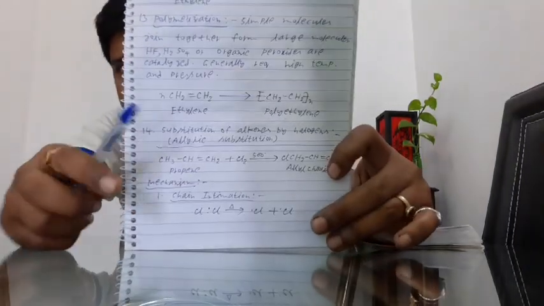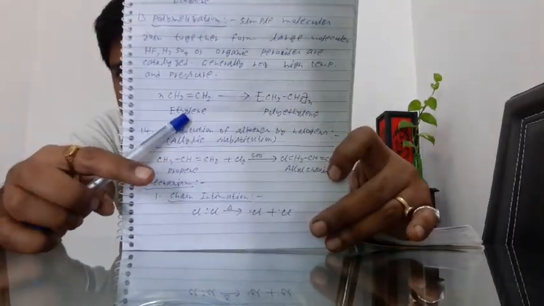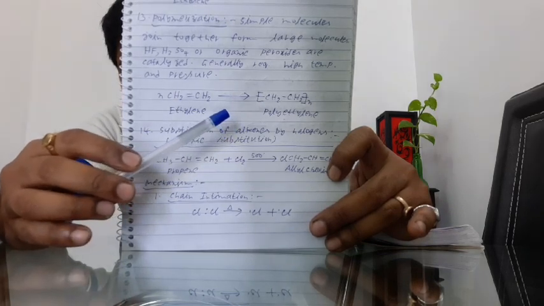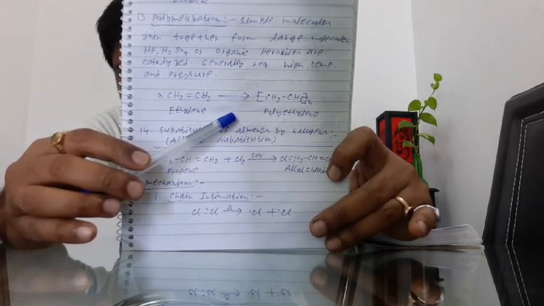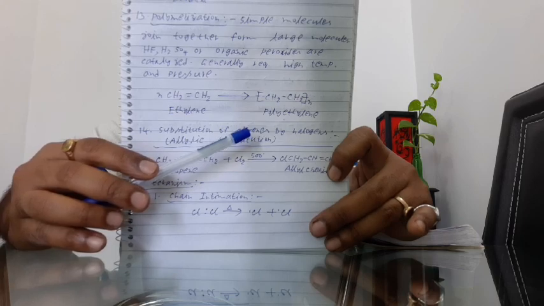And to continue this process, either sulfuric acid or hydrofluoric acid or any organic peroxide is required as catalyst, and sometimes external pressure and temperature are also required. Clear? This process is known as polymerization. Here I have given the example of ethylene. When ethylene undergoes the polymerization reaction, it is converted to polyethylene.